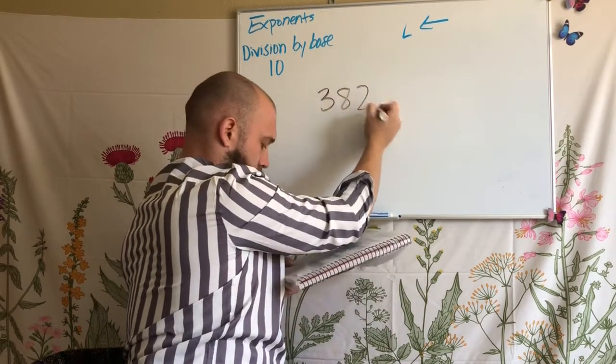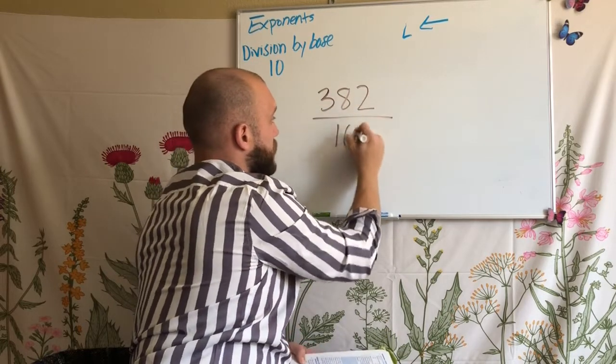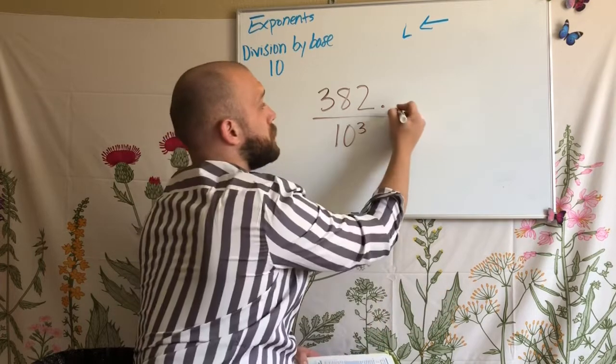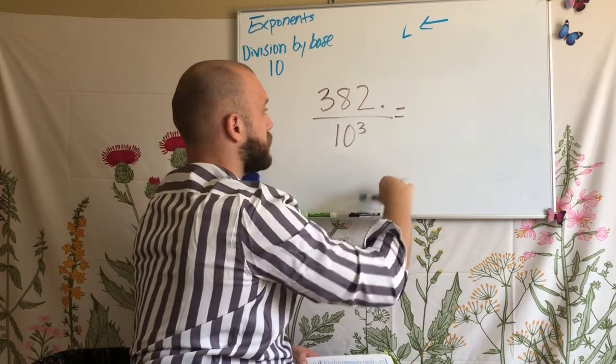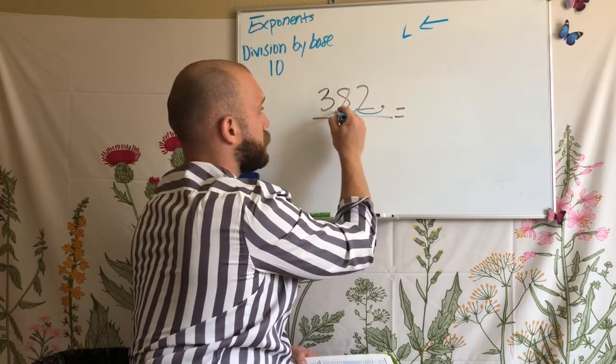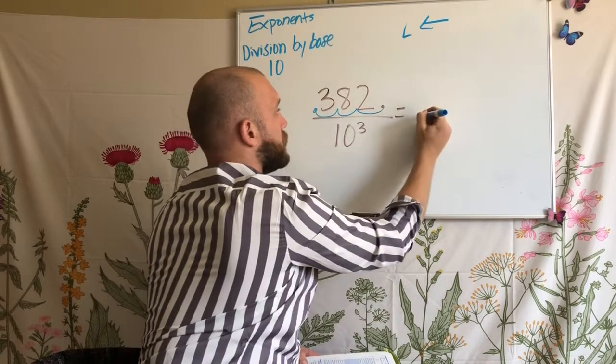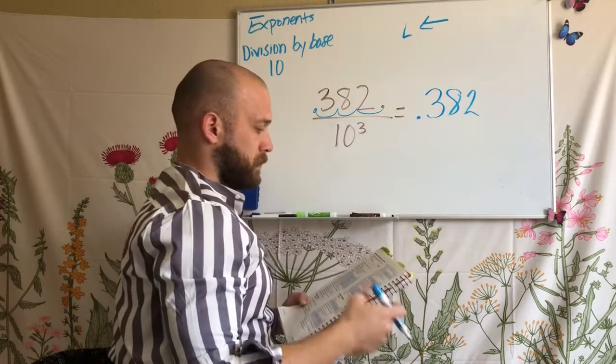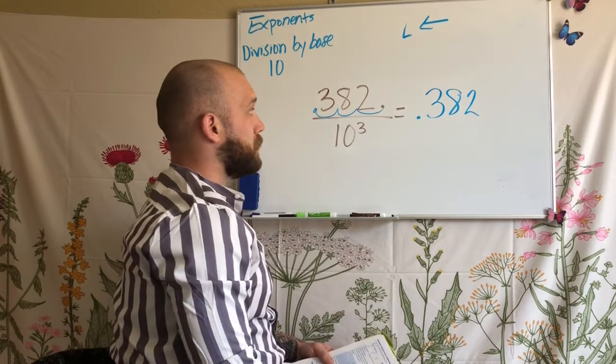382 over 10 to the third. We know that this means my decimal's right here. So I need to move it 3 places, giving me 1, 2, 3. Decimal, 382. All right.